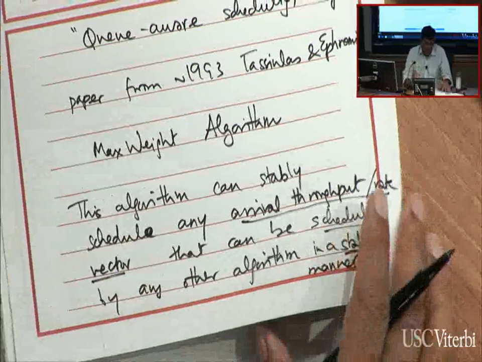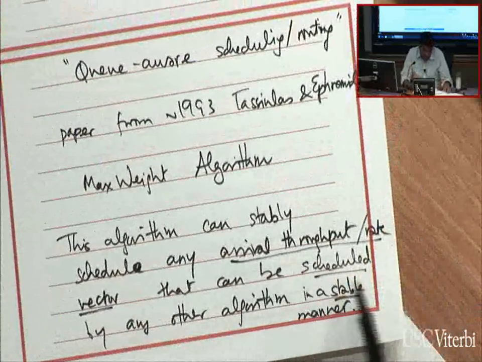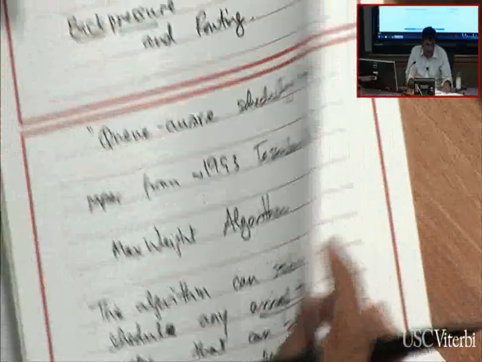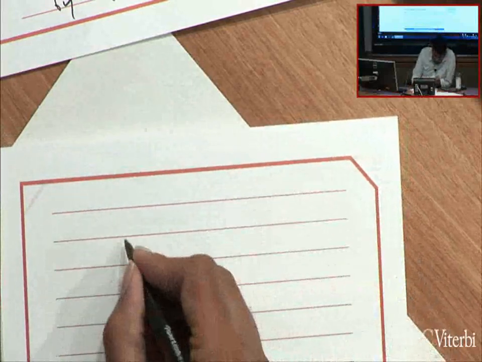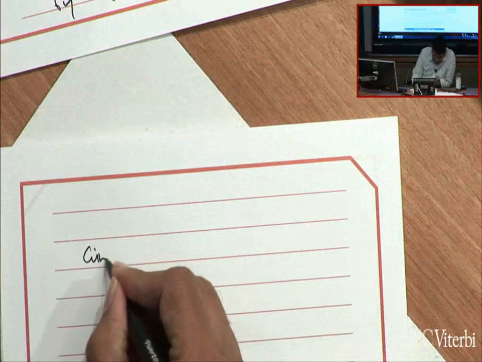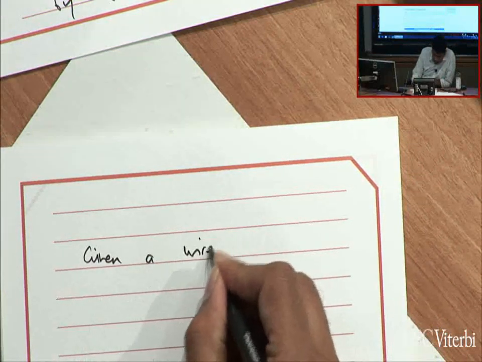Okay. So we have to understand a few concepts here. One is stability, one is scheduling, and the other is what is a throughput vector. So let me define each of those terms a little bit carefully. So imagine a network. So given, let's say, a wireless network.